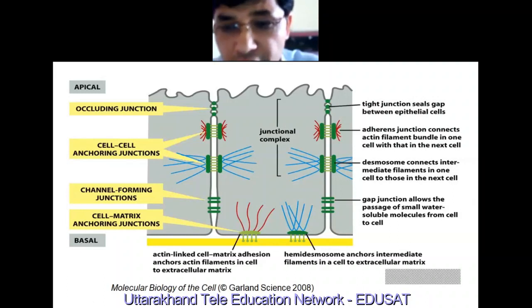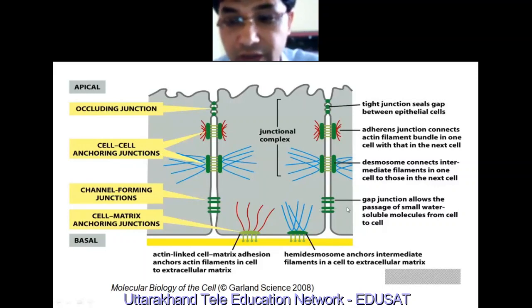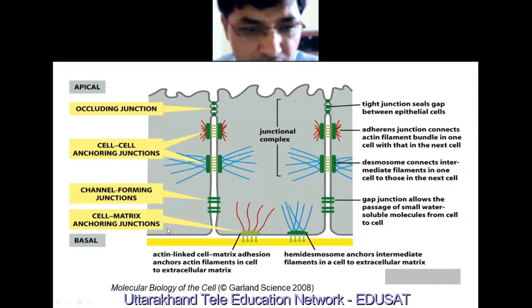Only small water soluble molecules will transmit through which junction? Such a question has come: through which junction can small molecules be transmitted? Your answer is gap junction, right? Note the word: because the gap junction is only found in animals, it is not found in plants. In plants, what is found is plasmodesmata. So, students, all of these small water soluble molecules move from cell to cell; this question has already come once in NET. Second, then we will come to the cell matrix junctions.